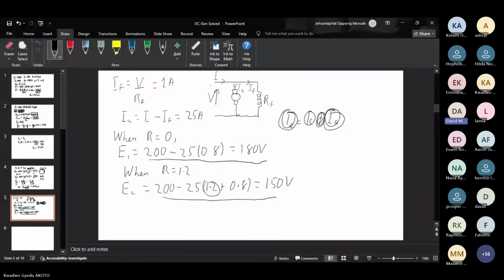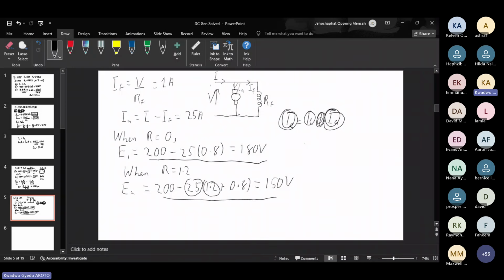Okay. So if this be the case, let's remember that we're given our speed when our resistor has not been introduced. Our speed is 500 RPM, right? And we are now being asked to find our speed when our resistor has been introduced.